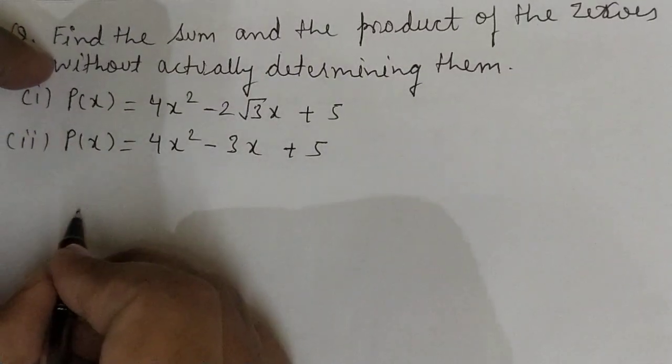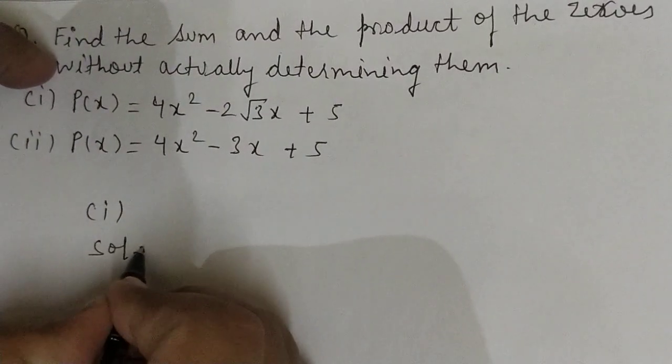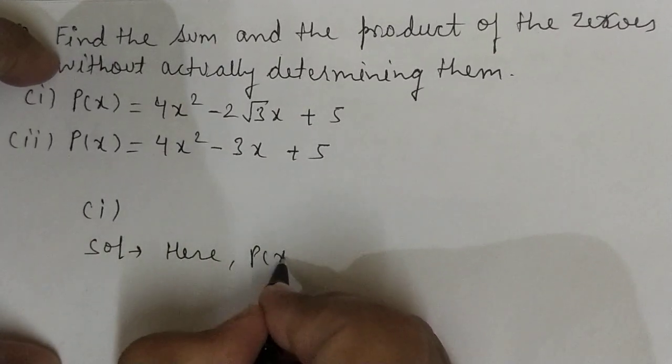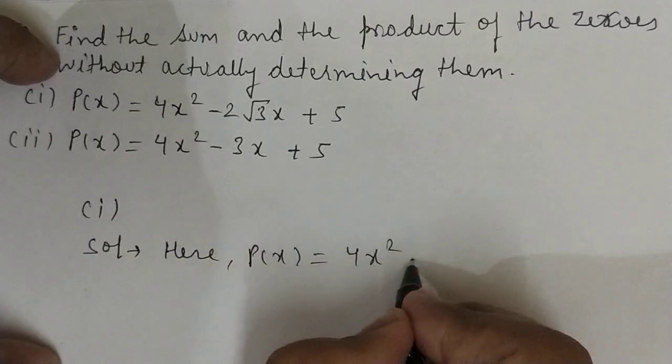So the first question I am taking. Solution: here if you see, p of x is equal to 4x square.